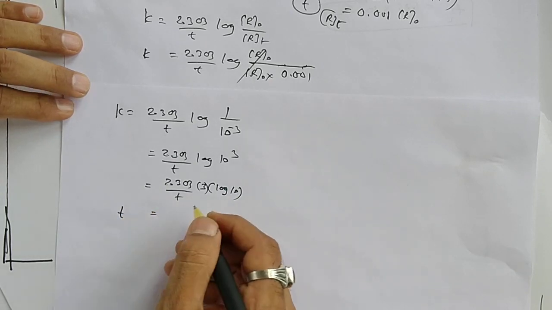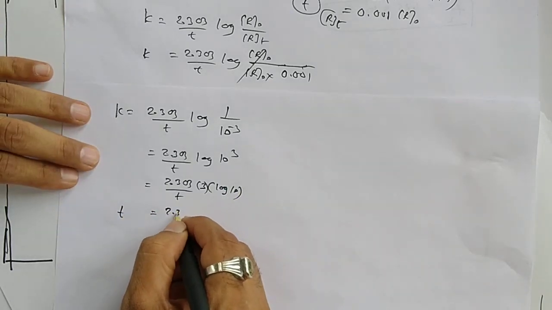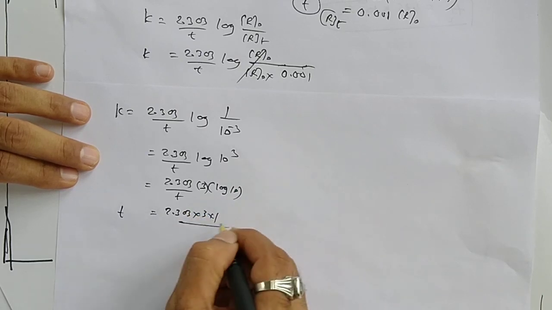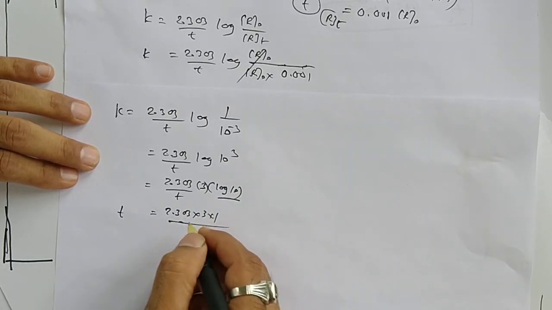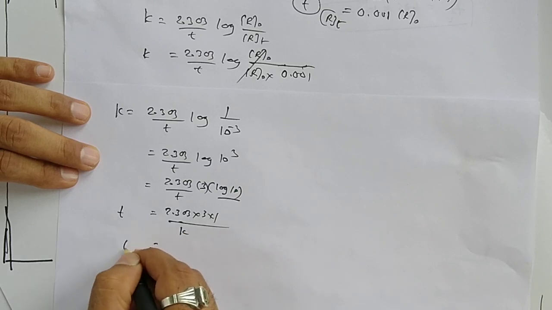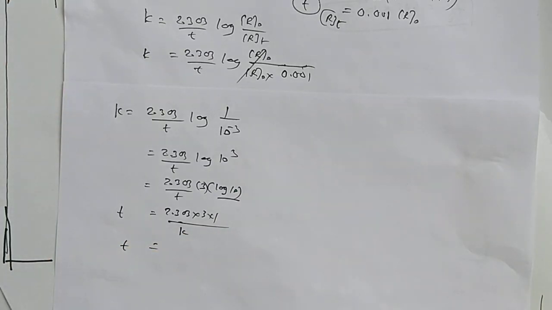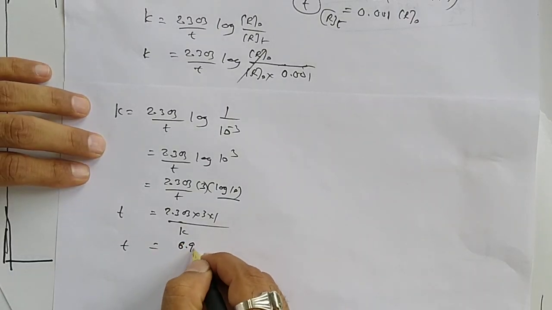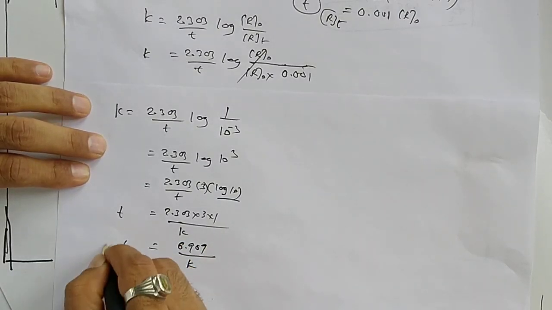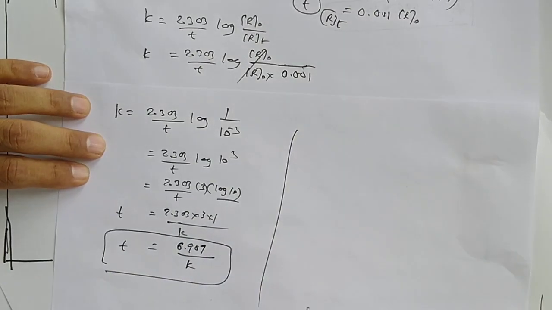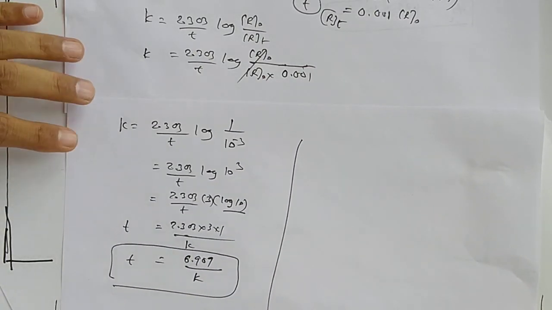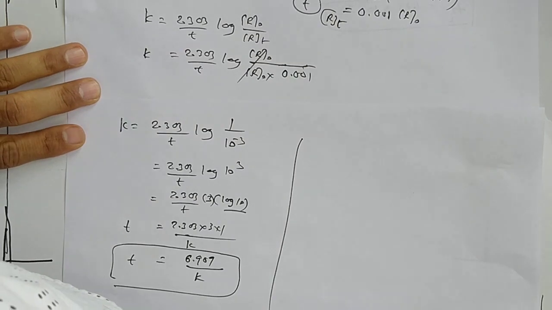So T is equal to 2.303 into 3 into 1, value of log 10 is 1, upon K. So 2.303 into 3 is 6.909 upon K. Clear? Now this is the derived time T.